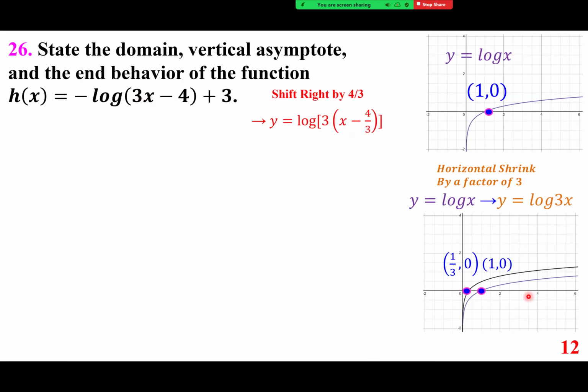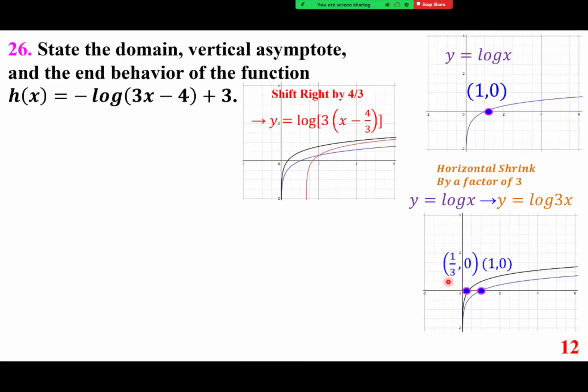So when that happens, class, remember this one had the x-intercept of (1/3, 0). So if we go to the right by 4/3, we add 1/3 to 4/3, and we get 5/3. So that would be the new x-intercept in this case.